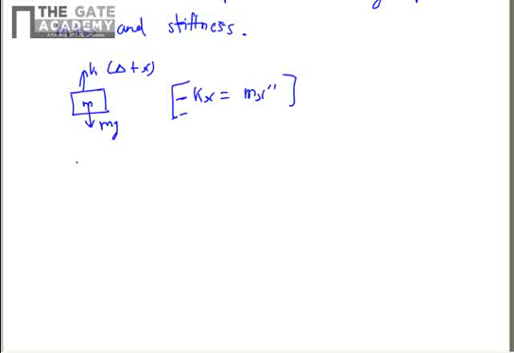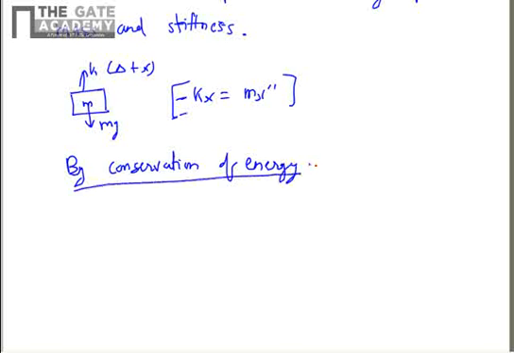Apart from this method, you can also find the equation of motion by conservation of energy. This is also one method to find the equation of motion, and it is helpful in many cases where the geometry is complex and doing a force balance is typically not possible. Then this method of using conservation of energy for determining the equation of motion comes in very handy.